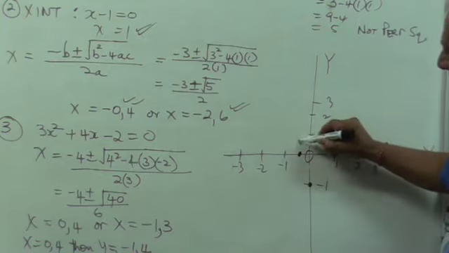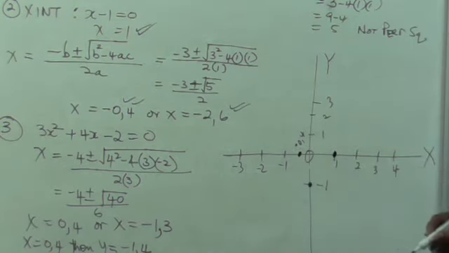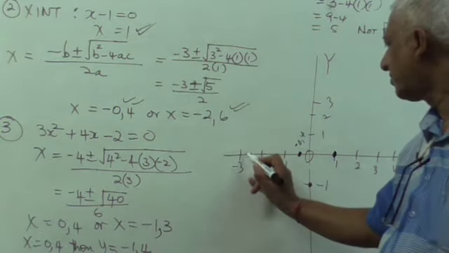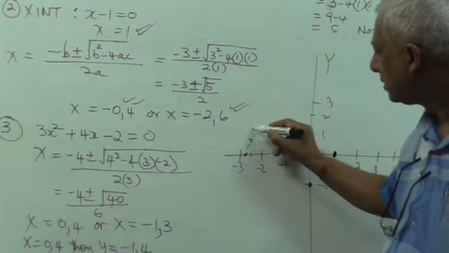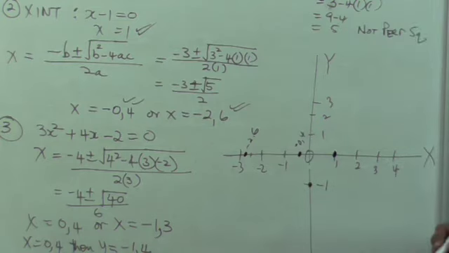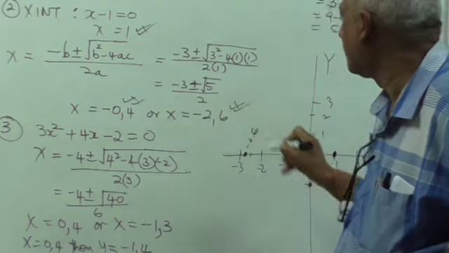So let's write it like this, 0 comma 4 minus. And minus 2 comma 6 will be somewhere here. That's half minus 2 comma 6 is there. Right, so we have plotted that, we have plotted that, we have plotted that.